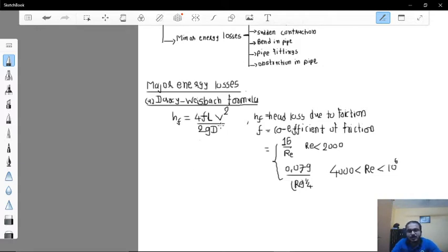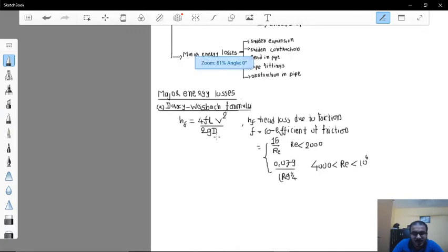So remaining terms are known. L is length of pipe, V is velocity, D is diameter.